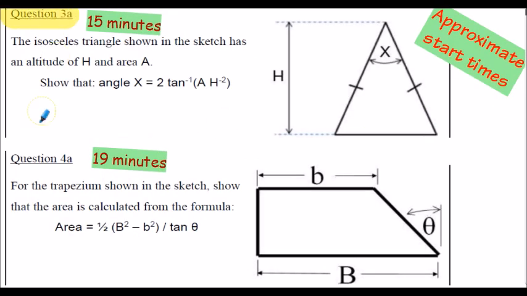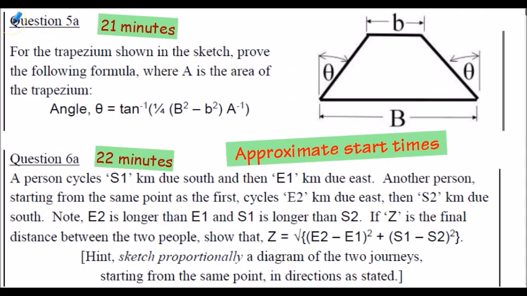Question 3a, question 4a, approximate start times. And question 5a, question 6a, start times. Hopefully this may aid your ease of access through the presentation, but as mentioned previously, these start times are rounded to the nearest minute.